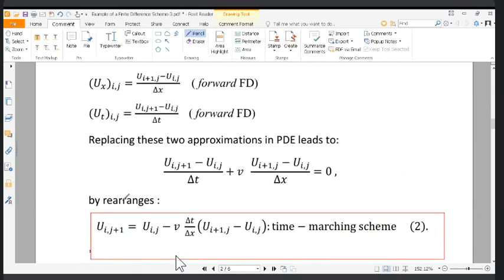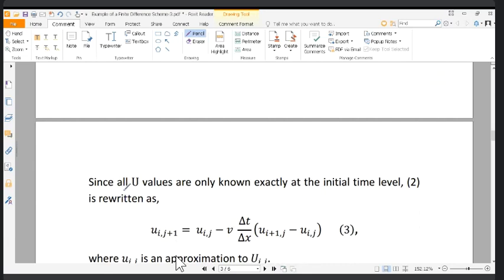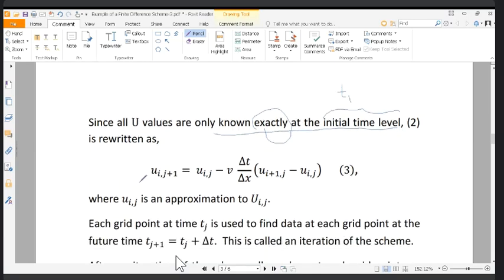Okay, continue. Since all u values are only known exactly at the initial time level, which means t1, the value of u at t1 is exact because of the initial condition. And we can use u(i, j+1) = u(i, j) - v Δt/Δx (u(i+1, j) - u(i, j)). In this equation we use small u instead of big U. Why?